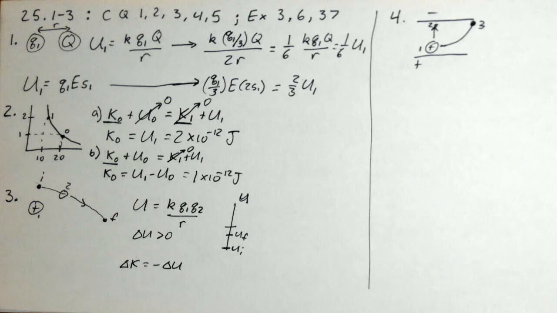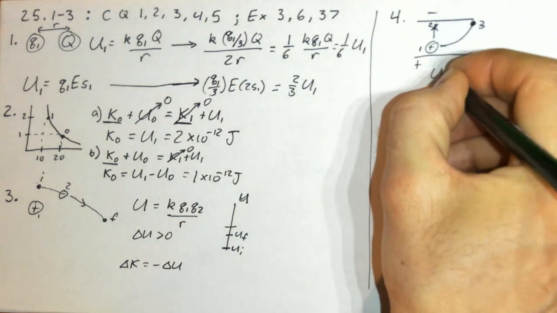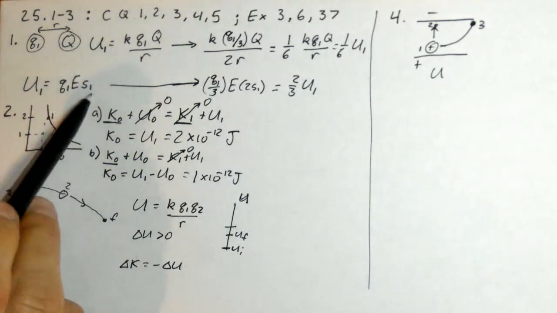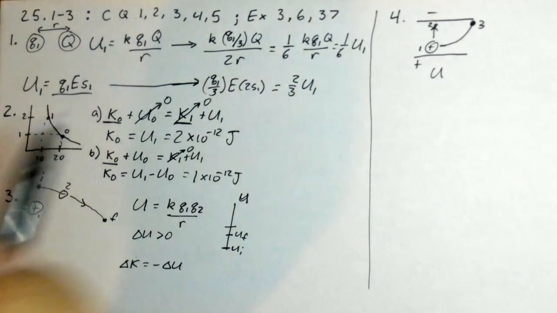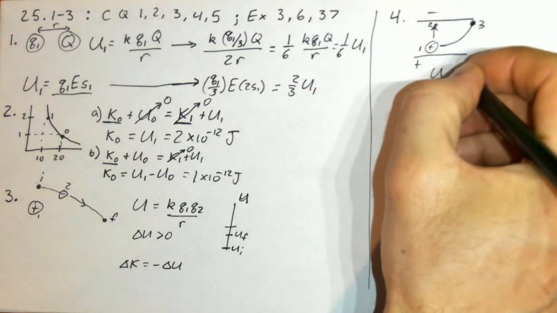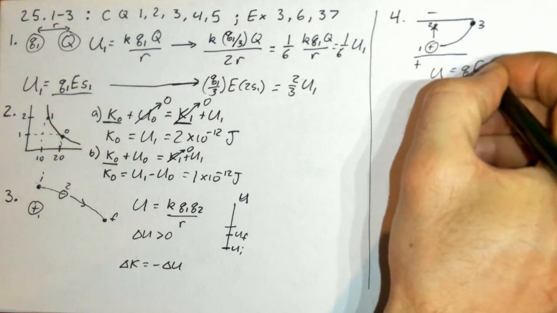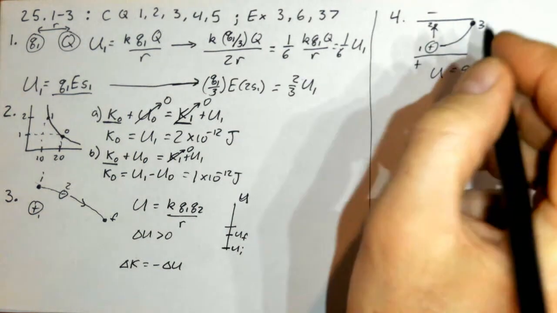So hopefully you recognize that sideways motion has no bearing on the potential energy of a charge in a capacitor. What is the main idea? Well, the potential energy of a particle inside a capacitor, we've already done. It is equal to the charge times the electric field times the distance.